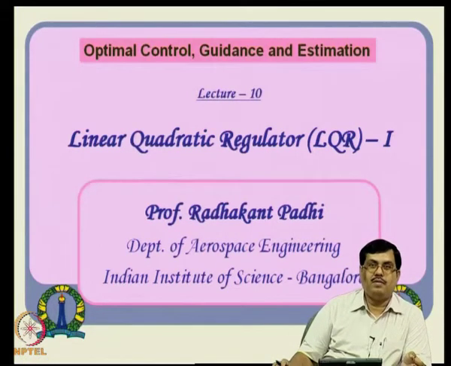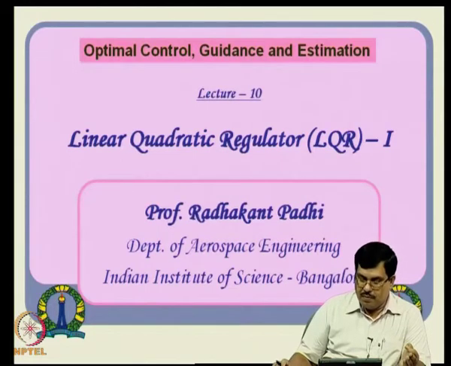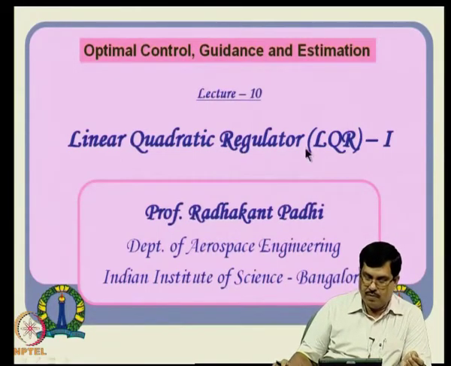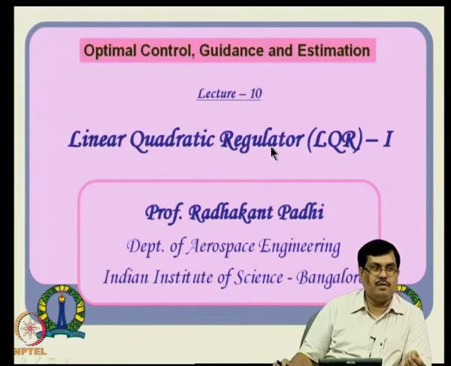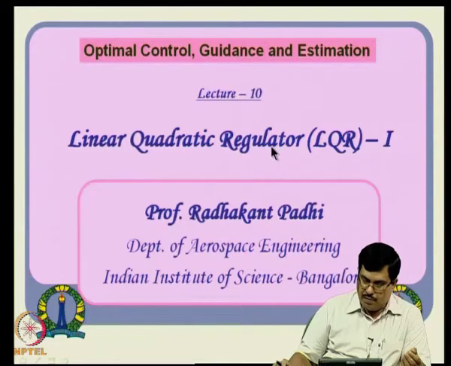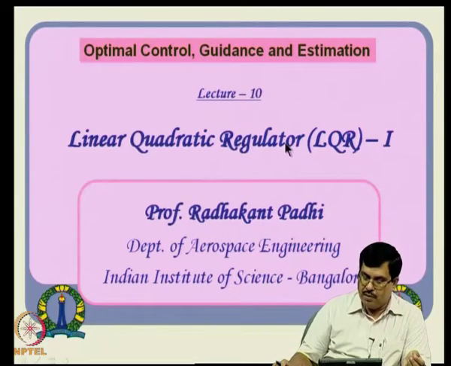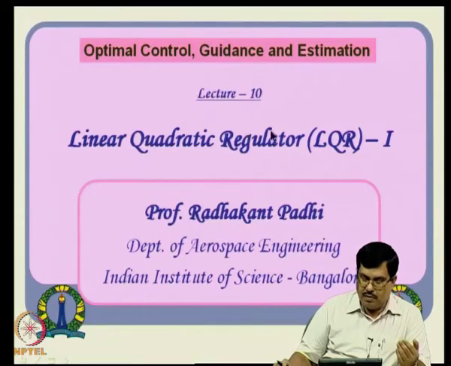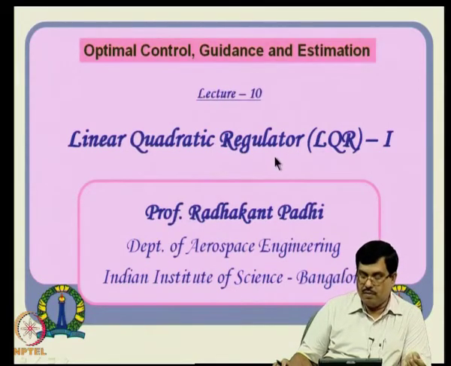It is one of the very popular tricks of optimal control, found in usage in industry as well. We will see that and then proceed further with some of the extensions and proofs in the subsequent lectures. So, let us understand what this LQR problem is.